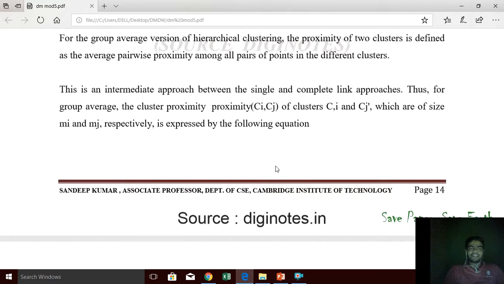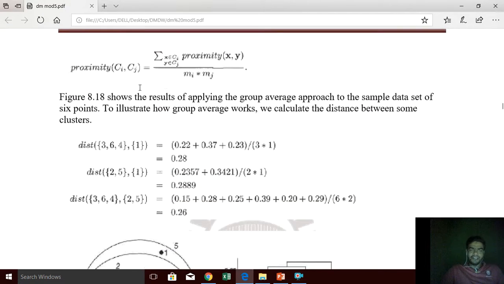Thus, for group average, the cluster proximity of Ci and Cj, of size mi and mj respectively, is expressed by the following equation. When I need to take an average, we have to take this formula of proximity.